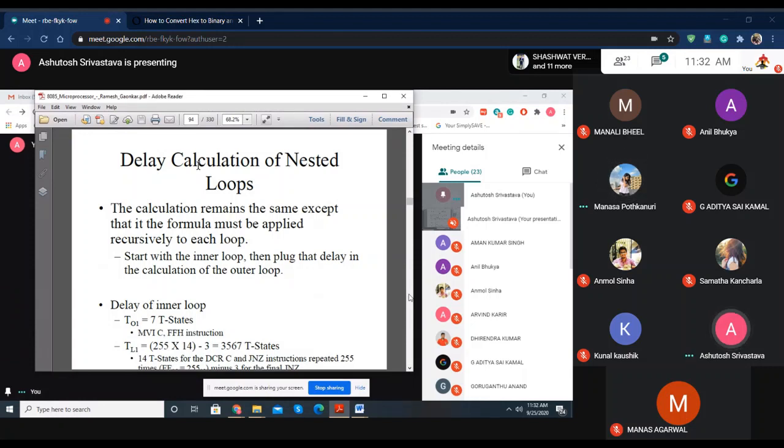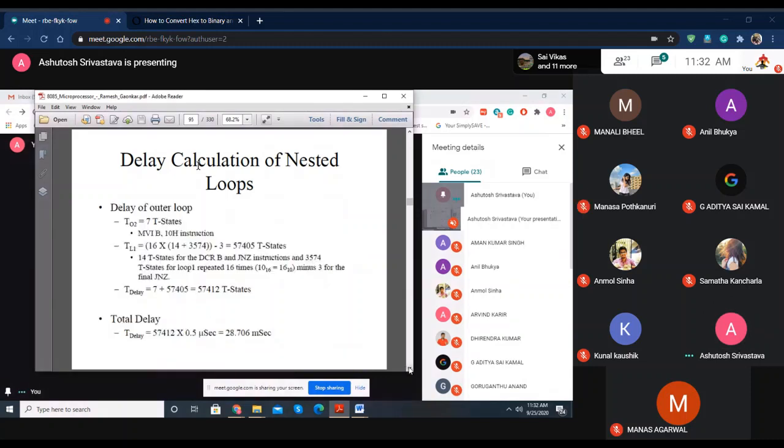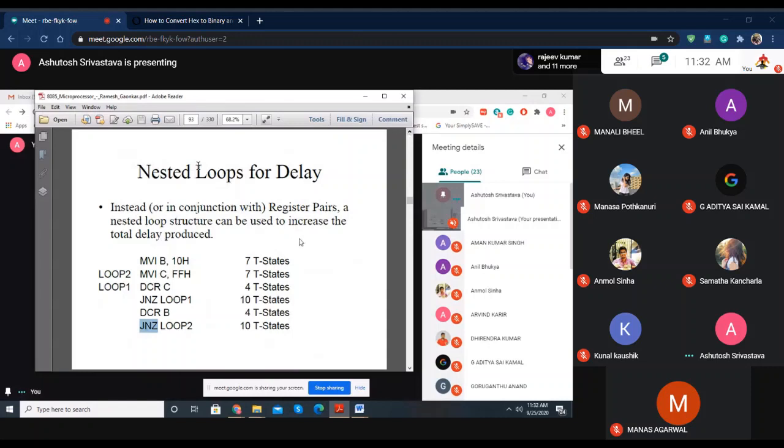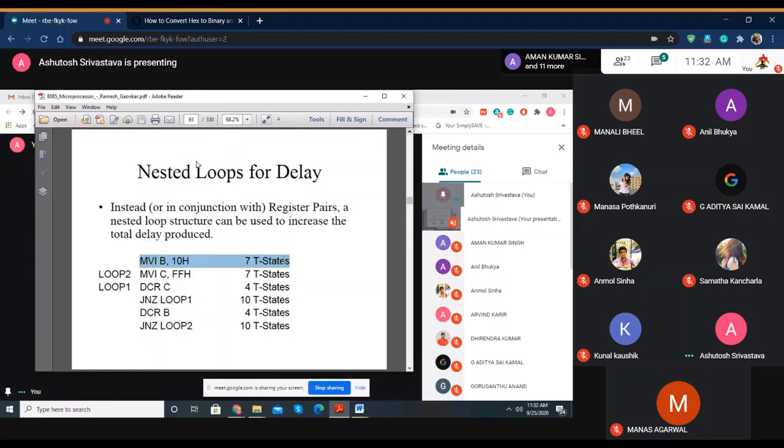So let us see. The outer loop is having 70 states. Is that fine? Which is your outer loop? This is your outer loop.